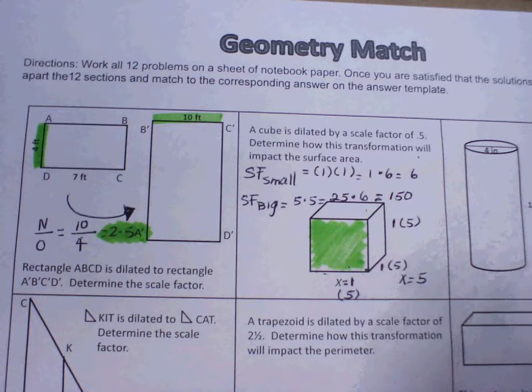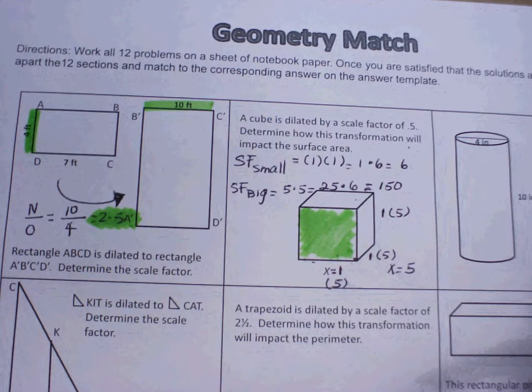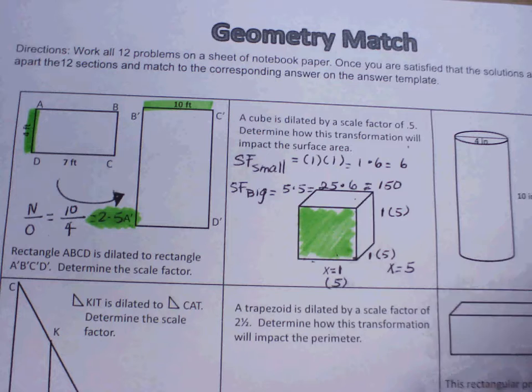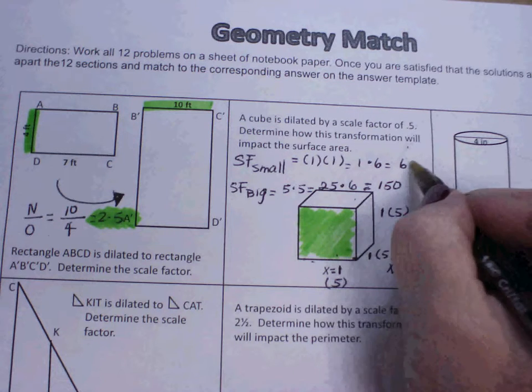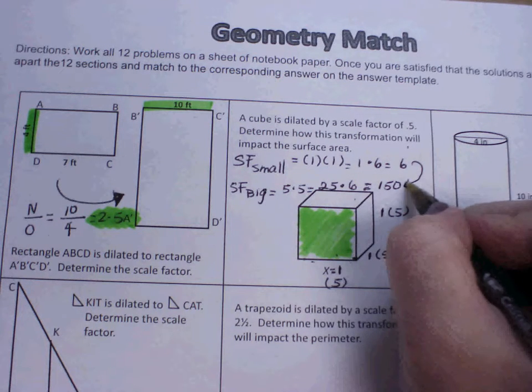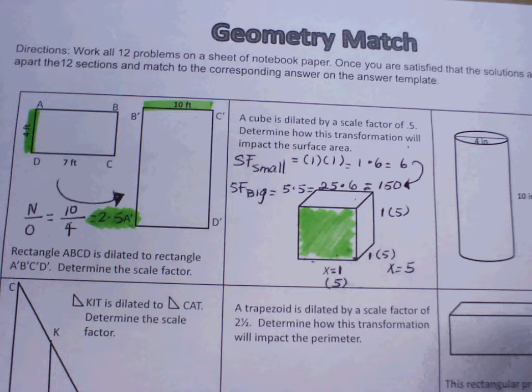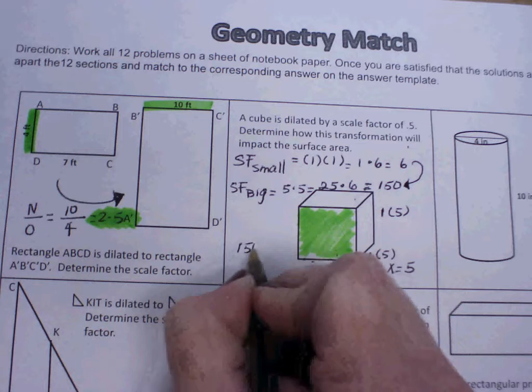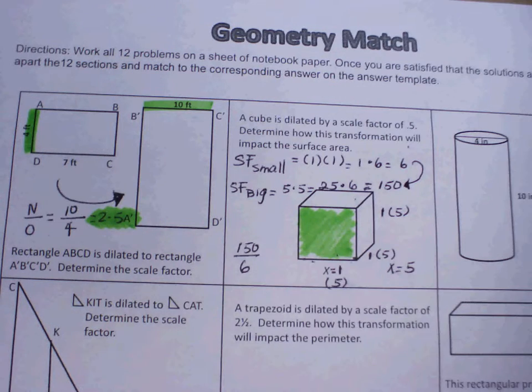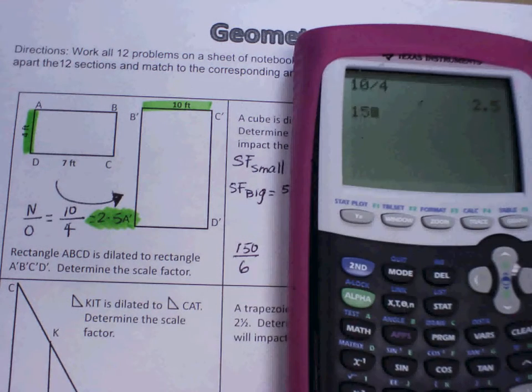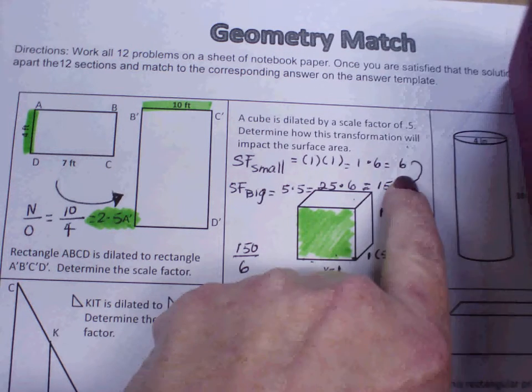All right. So now let's figure out how much does it increase. How can I figure out how much does it increase? Well, I take the little one and I see how many times it can go inside the big one. So how can I figure that out? Division. Very good. So I'm going to say 150 divided by 6.